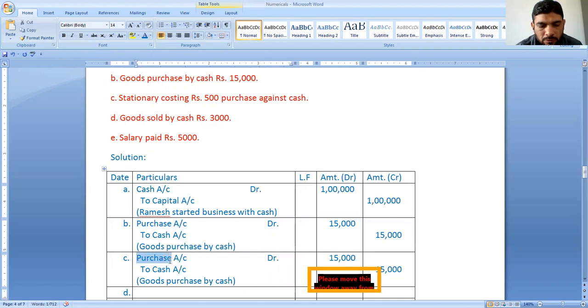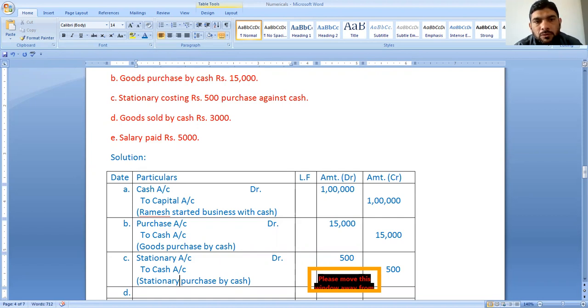Stationery account debit for rupees 500 and it will be written as stationery purchased by cash.